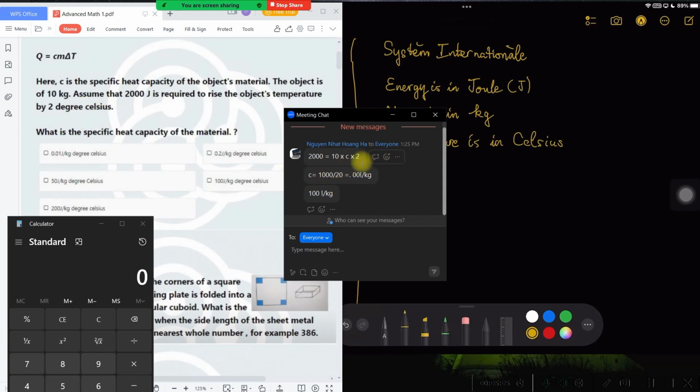Cái delta T nó là 2 độ nha. And mass is 10 kg, 2000 joules. Nó phải là 2000 chia cho 20. 2000 divided by 20, it's 100. 100 joules per kilogram degree Celsius.